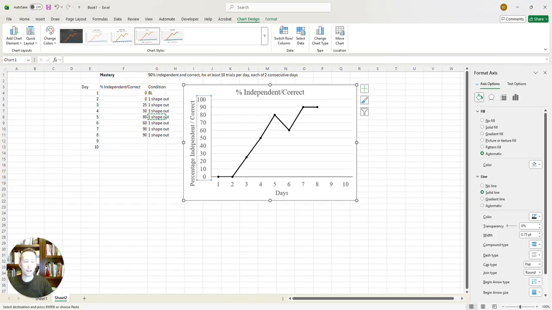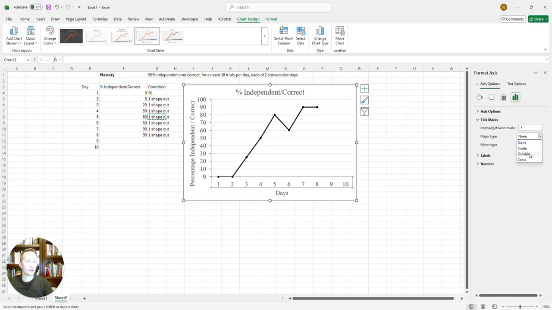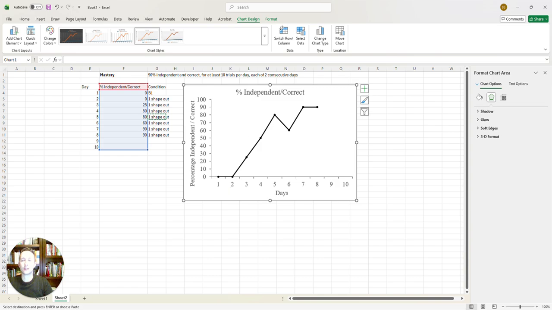And now it makes more sense to give it some tick marks here, right? So we're going to do some major type. Okay, we're going to do on the outside like that. Okay, and we're going to do down here. I like some tick marks on the outside. Okay, and I'm going to get rid of these lines. Okay, so now we're cooking here.